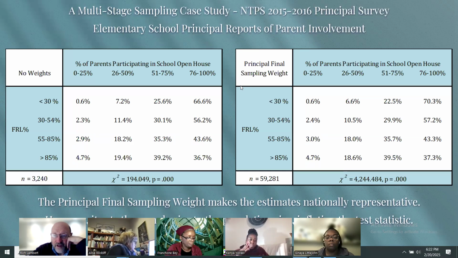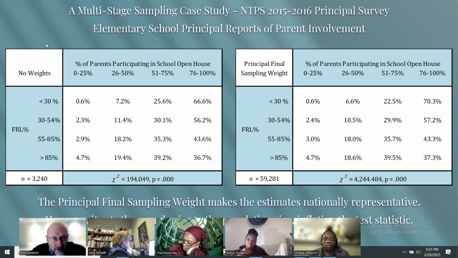These data were collected with a complex multi-stage sampling plan, and there are weights assigned to each principal's response to make the responses nationally representative. However, the way they work is they set the sample size effectively to the entire population. So that creates an inflated test statistic. And what the heck am I talking about?